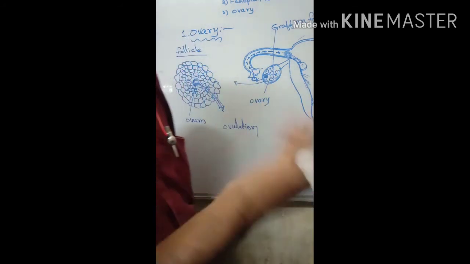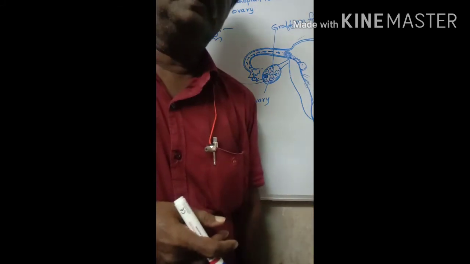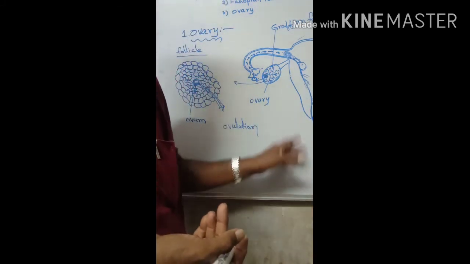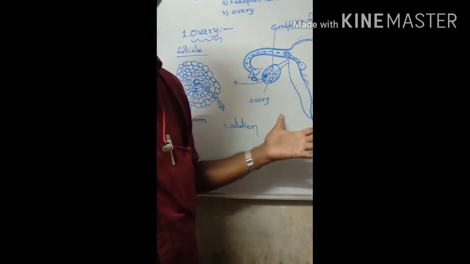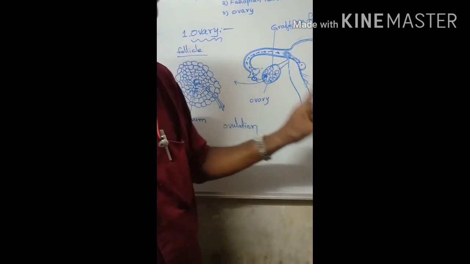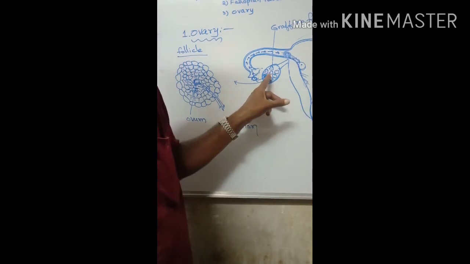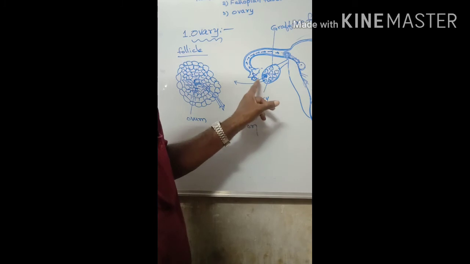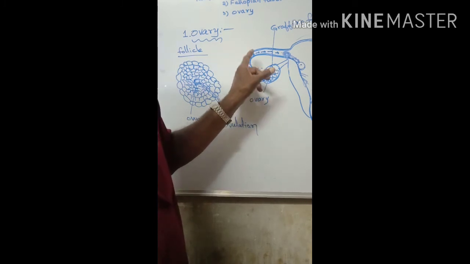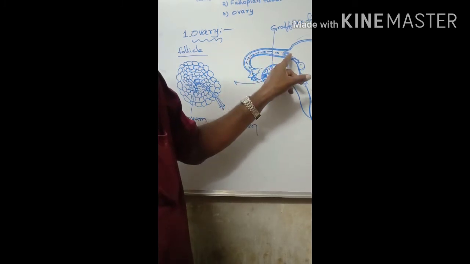In this way, changes are happening in the female reproductive system. Only once in a month, one ovum is released. Then that released ovum enters into this fallopian tube.